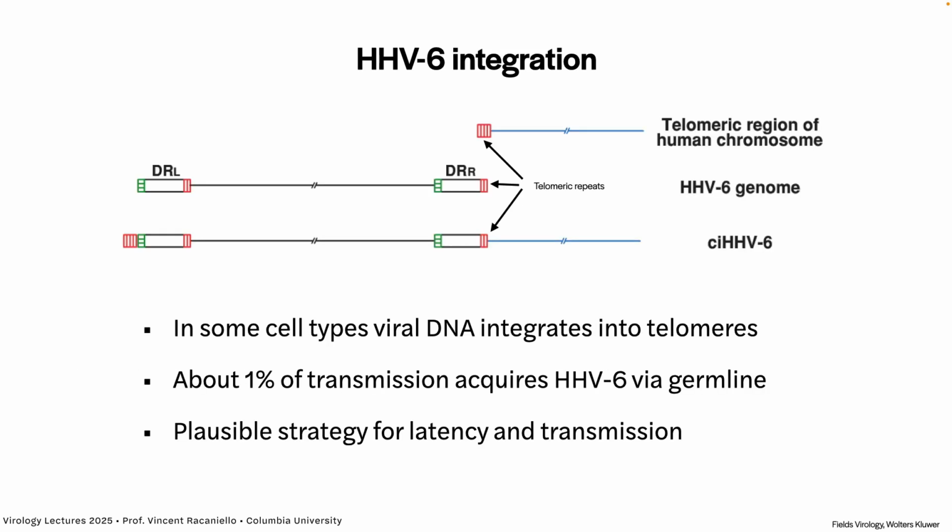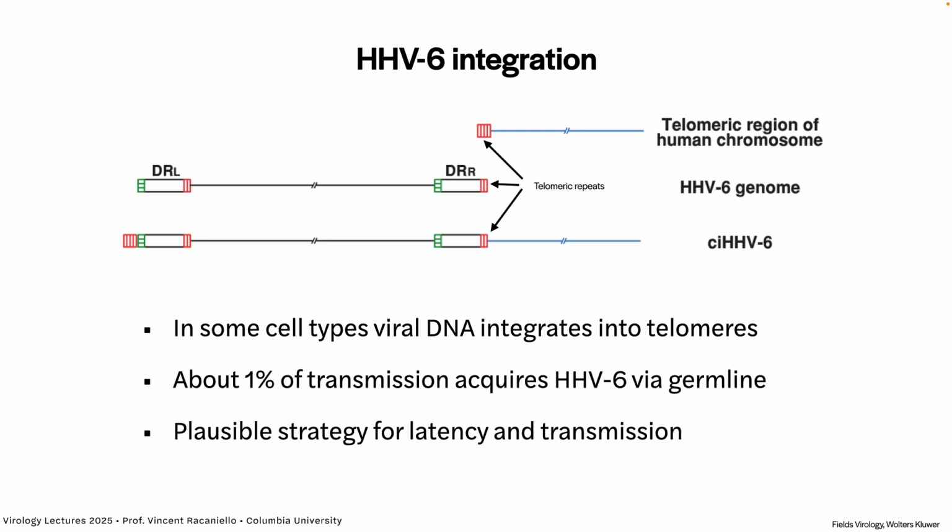But the interesting thing here is that in about 1%, or a certain fraction of people, the viral genome integrates into the telomeres of the chromosome. So here's the human chromosome. That's the telomere, the end. It's highly repeated. And this is the viral genome. It has telomeric repeats with it. And so this telomeric repeat will integrate into the host cell telomeric repeat.